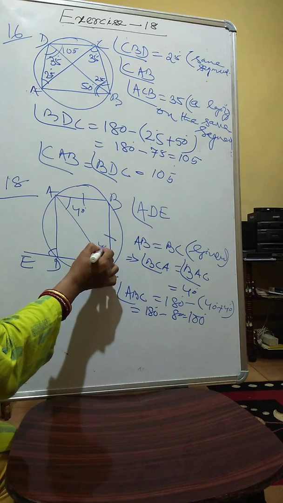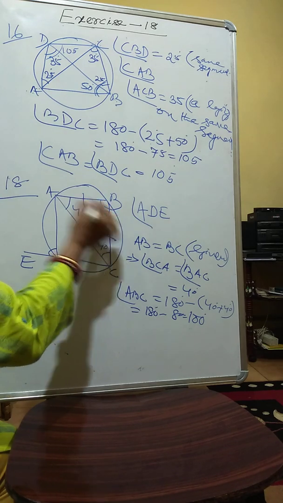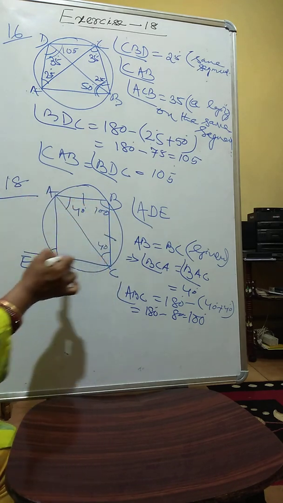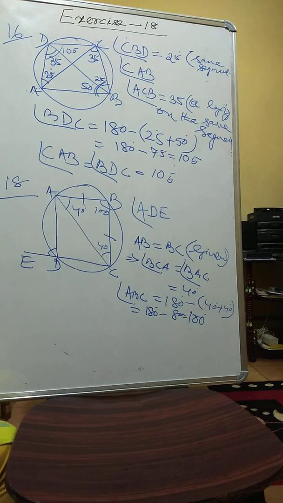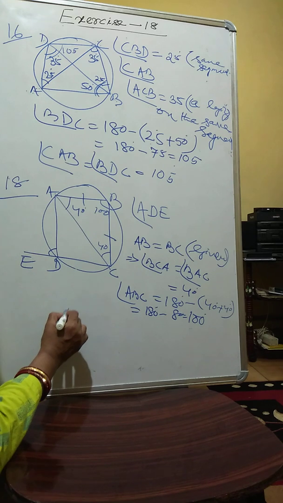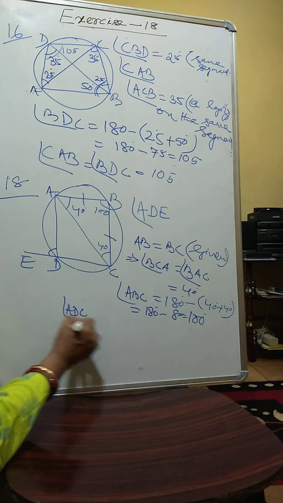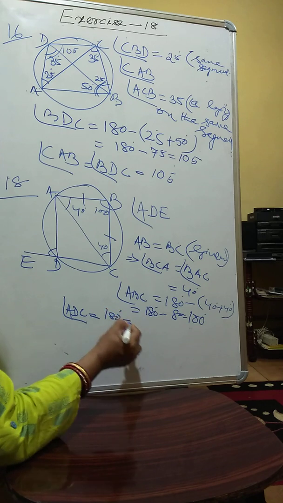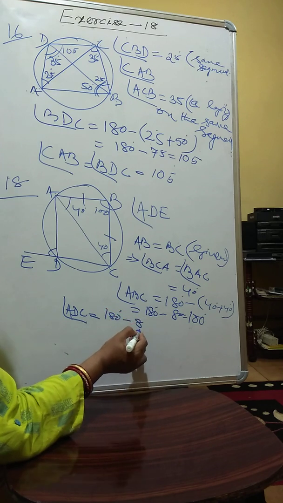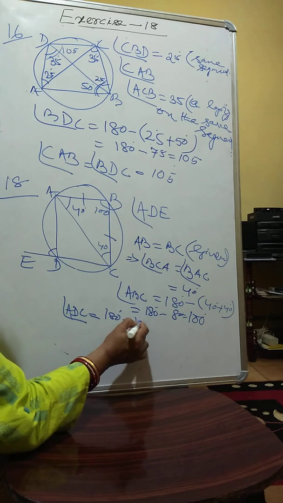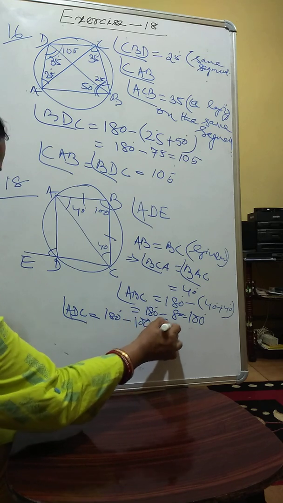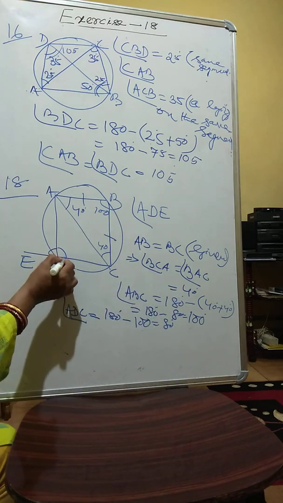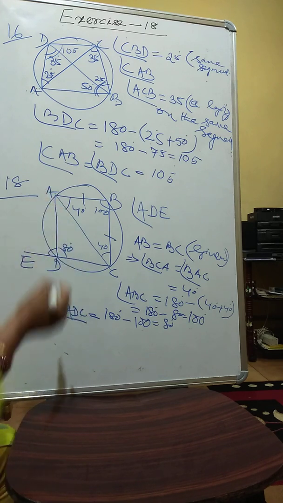You got this is 40, this is 100. A, B, C, D, they are on the circumference. Therefore, ABCD is a cyclic quadrilateral. Hence, I will write ADC equal to 180 minus 100. This is 80 degrees.